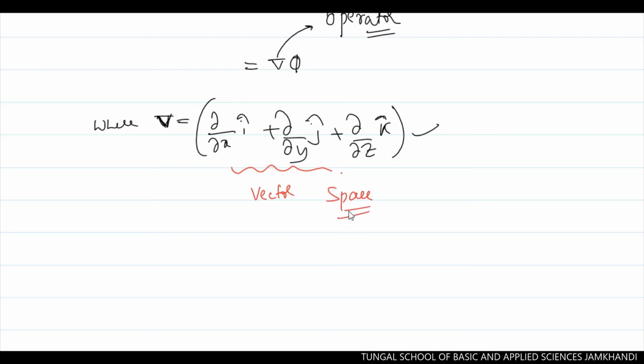So along which direction that function is varying can be defined by this grad function. That's why grad or gradient is also called a directional derivative, because it tells about the direction along which that function is varying.